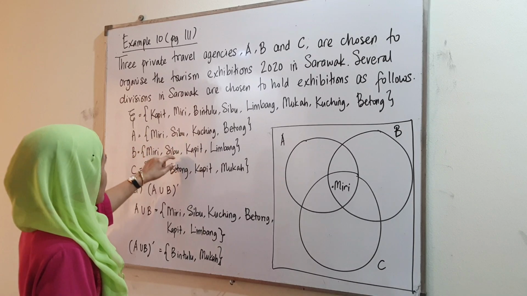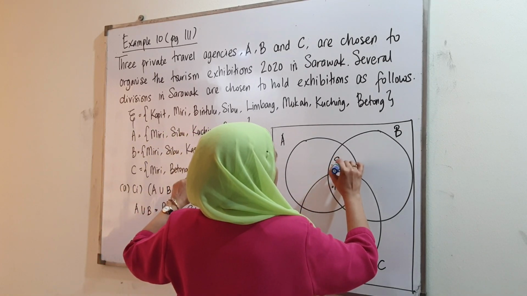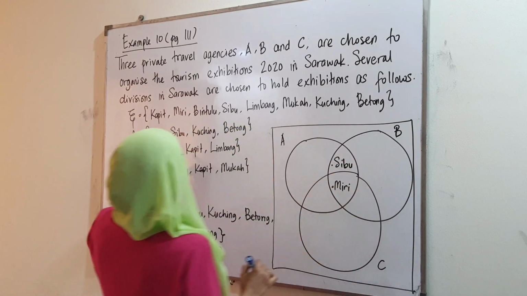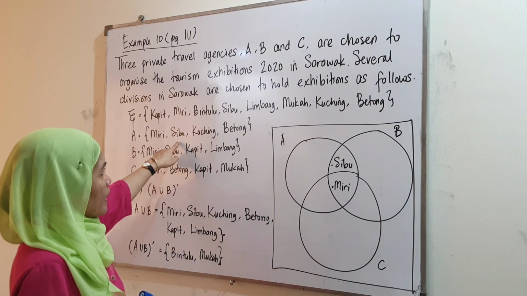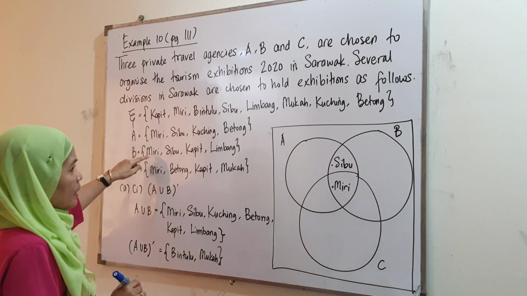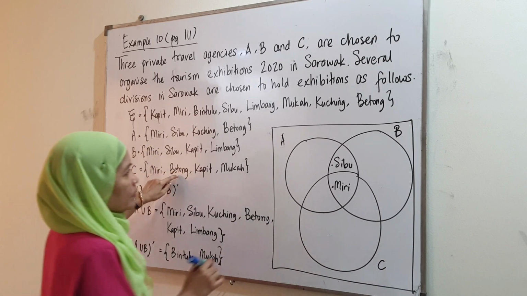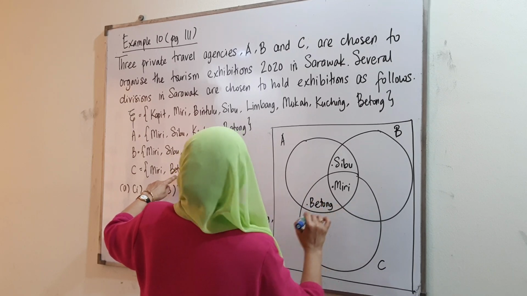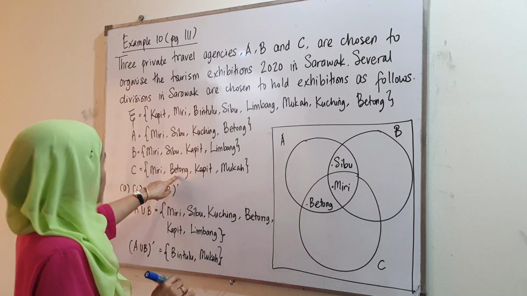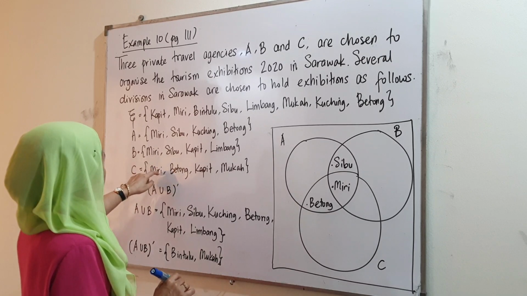And B, Sibu. And then A and C, Miri, Betong. B and C, Kapit.